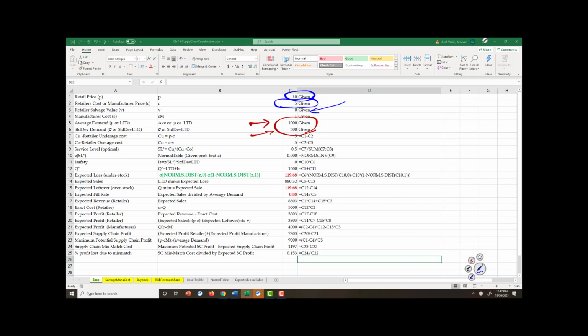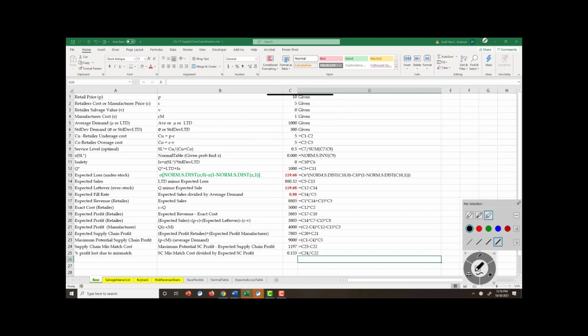Salvage value of this product at the end of the period is 0. The manufacturer cost is $1 per unit, but that is not our concern for the time being. These data are given.